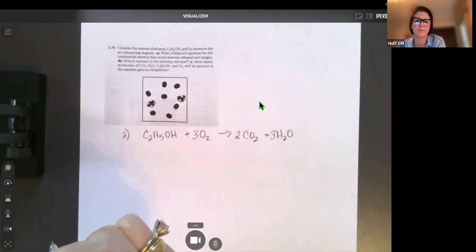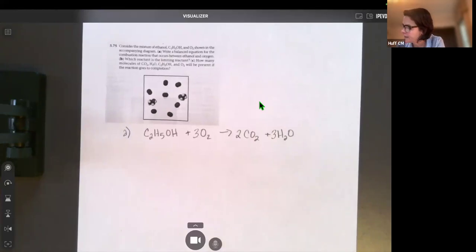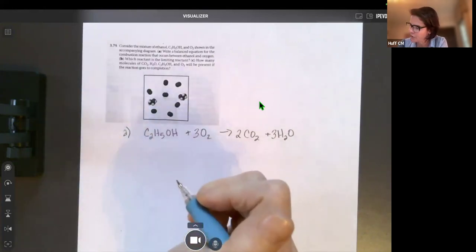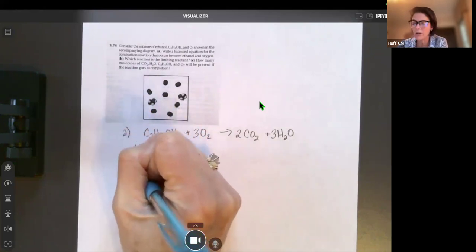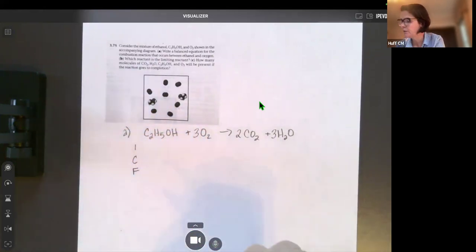The second part of this problem says, which reactant is the limiting reactant? I find it really helpful to use something called an ICF table, initial, change, final, when I have particles in a diagram and I'm trying to do stoichiometry as well.